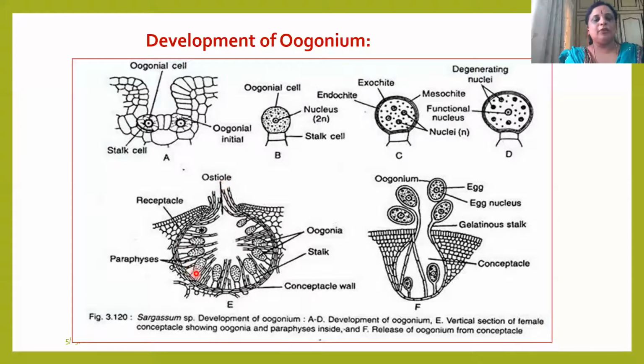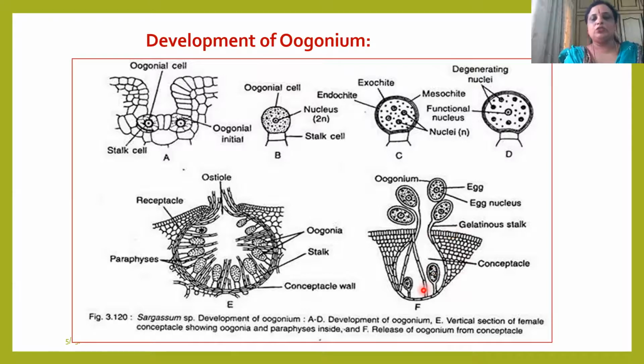Once the oogonium has been developed, this is how it looks. So what happens later? As I was mentioning, this oogonium has 3 wall layers: exochite, mesochite, and endochite. And I said this oogonium is sessile, in the sense that it may not have a stalk-like structure at the beginning.